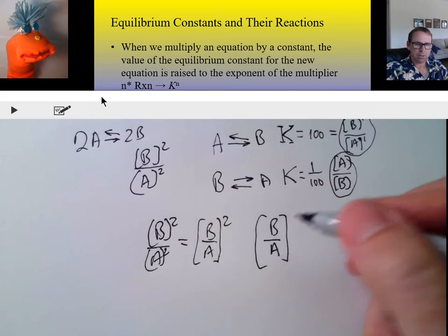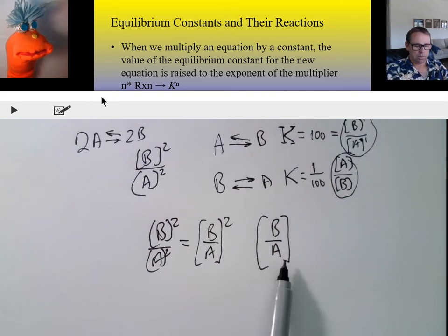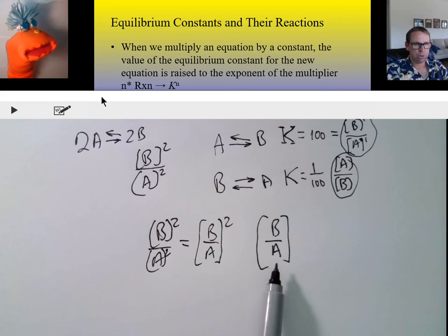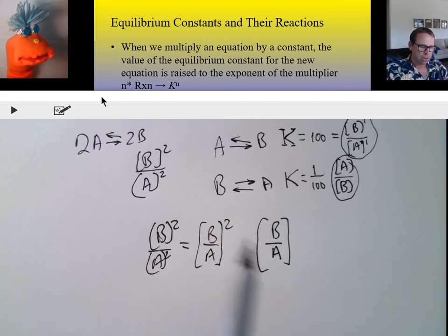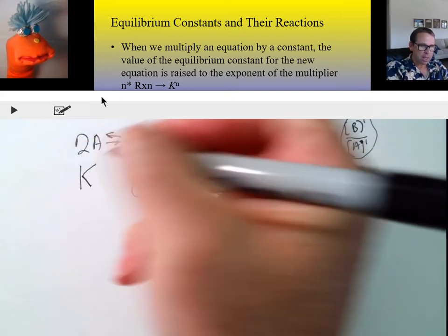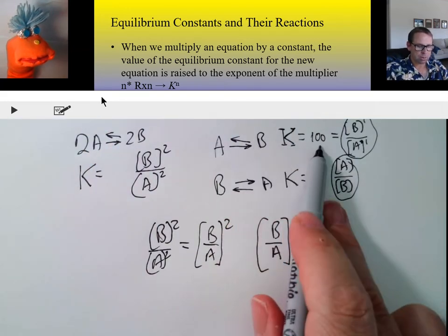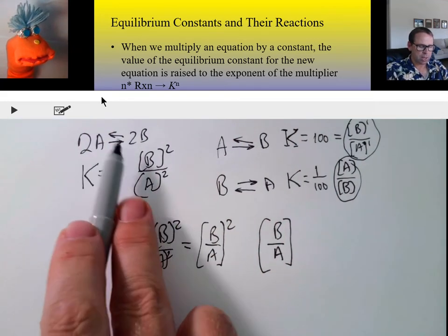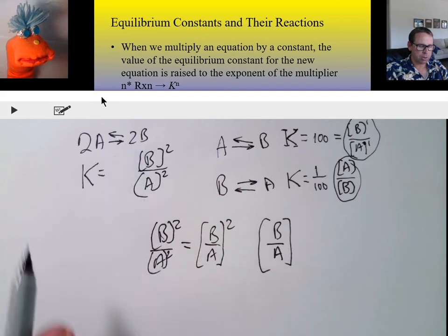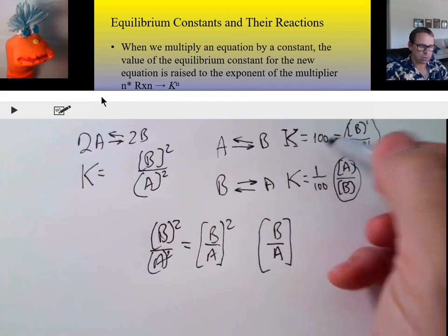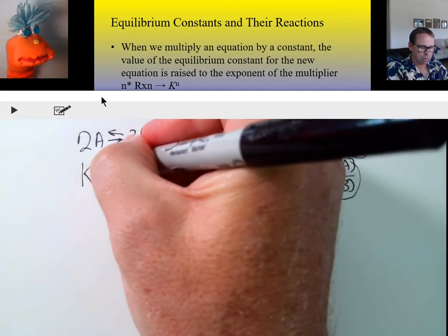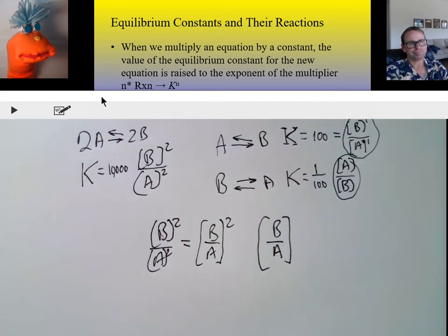So how are these related? Well, the one on the left is just the one on the right squared. That's right. So I could identify the K value for this reaction as, if this one is K equals 100, this reaction 2A going to 2B in equilibrium is going to be that squared, or 1 with 4 zeros, 10,000.